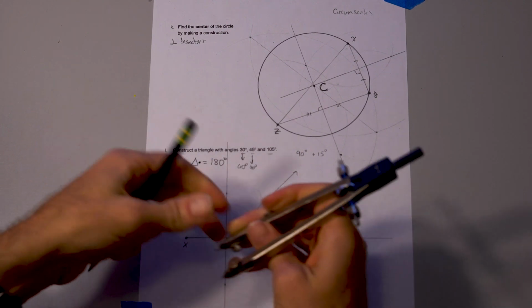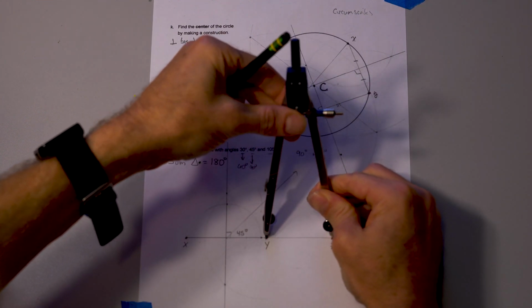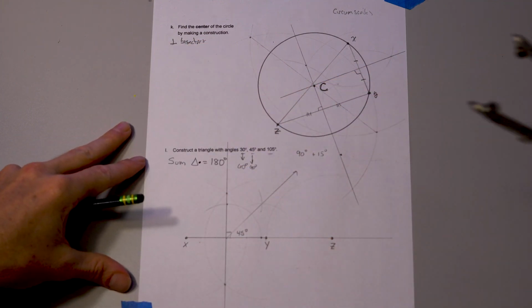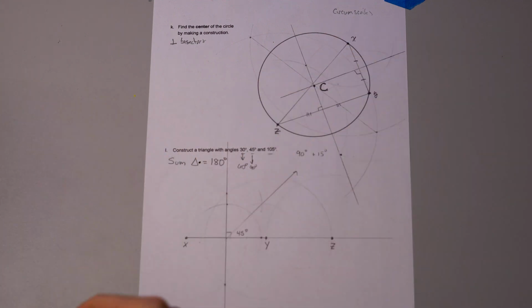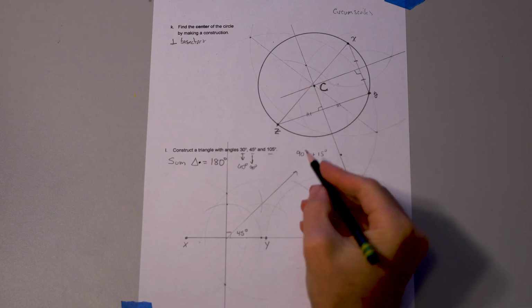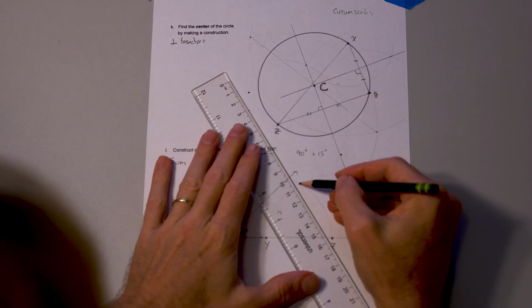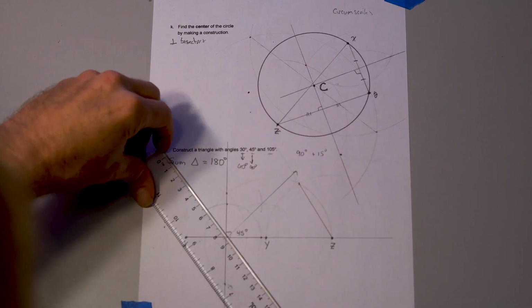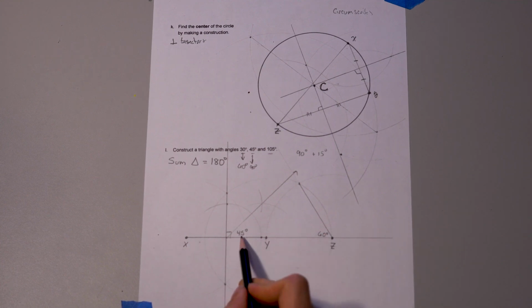We measure the length from Z to Y here, and we make an arc going up, flip it, go from Y, arc going up, this intersection right here, draw a line from Z through this point, and here's my 60.